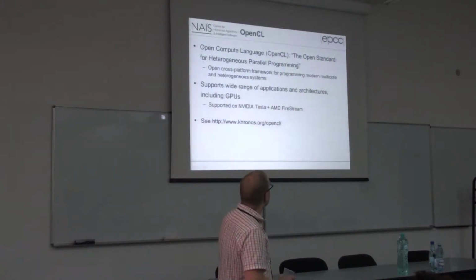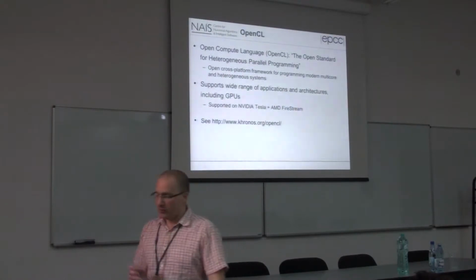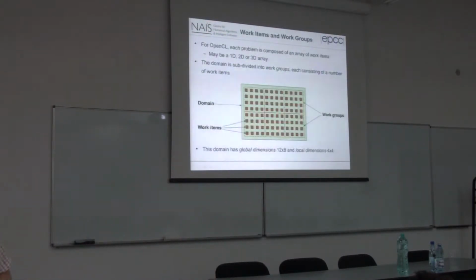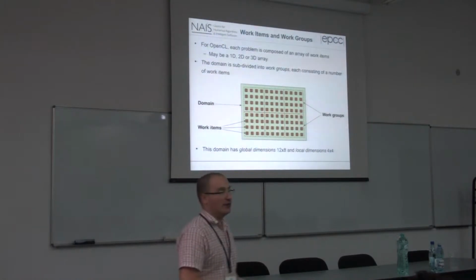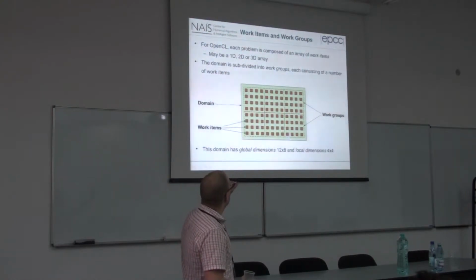So it means you can use AMD's GPUs as well as NVIDIA ones. It has a concept of domains and work items and work groups. So it has a sort of 2D concept as well, like CUDA, where you have groups of work, and then inside each group you have items, and then you have a global domain.